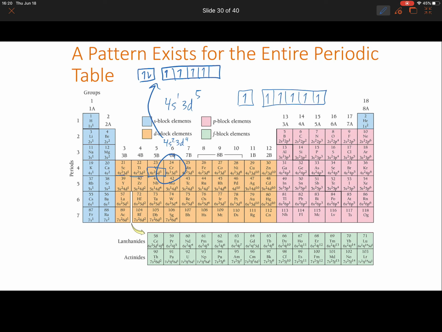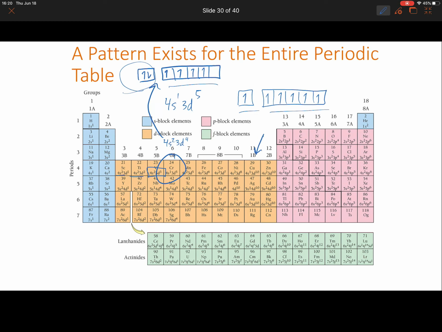The difference is it doesn't have any paired up electrons, and so that actually lowers its energy. Pairing up electrons, putting charged things together that have the same charge, creates barriers of energy. And so by having these electrons spread out, rather than having a full S shell and an almost full D shell, we get half full of these shells all around, and that's more stable.